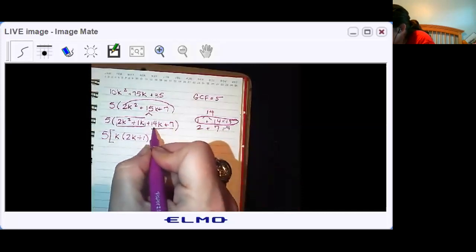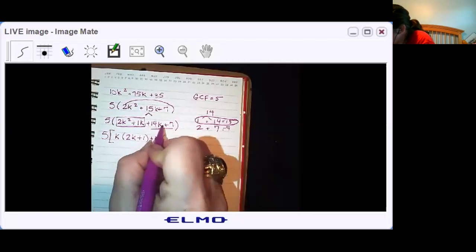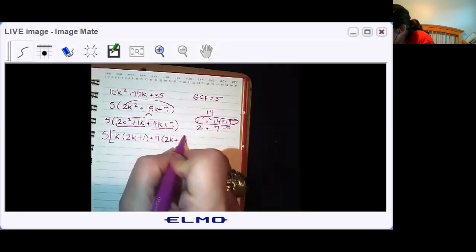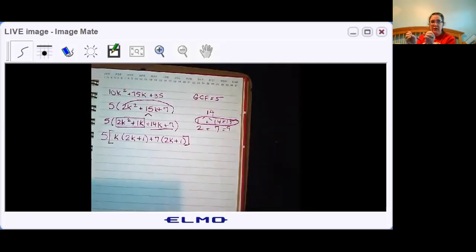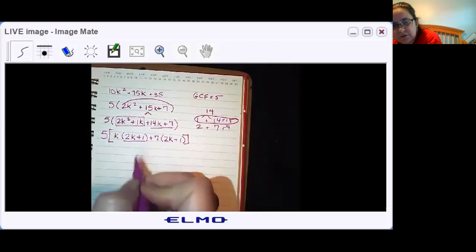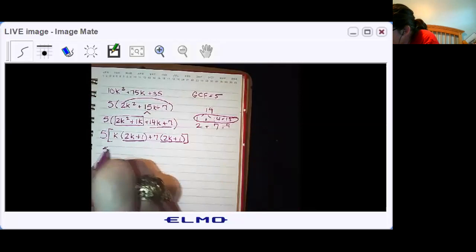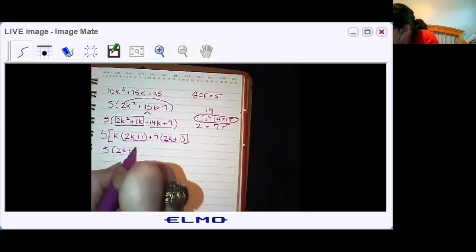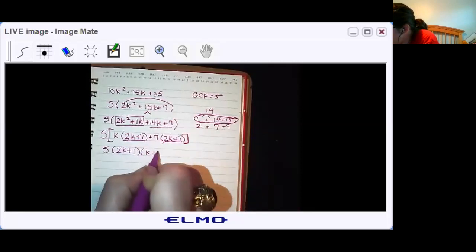Well, 14 is 2 times 7, so I know I can take a 7 out. 14k divided by 7 is 2k. 7 divided by 7 is 1. Right. Now I've pulled out common factors from my mini groupings. Now let's look at what we have. 2k plus 1 in the first half, 2k plus 1 in the second half. So I'm going to pull that out. And what do I have left behind? I have k plus 7.